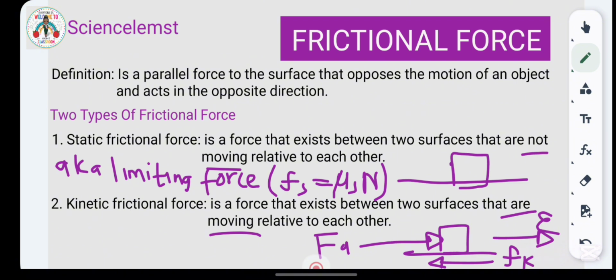Then for kinetic frictional force, the formula is going to be Fk is equals to Uk multiplied by the normal force. So the formulas are the same. The only difference is that we put S for static and we put K for kinetic.